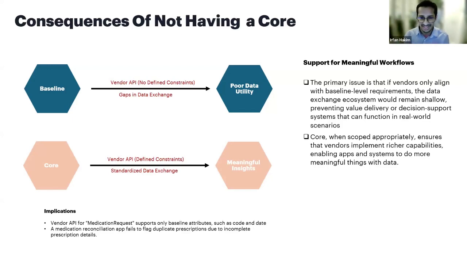Dosage instructions focus on continuity of care, and status, because you want to keep track of whether that medication's been given. That's not really relevant because when it comes to a baseline, you're not focused on the use case aspect of it.